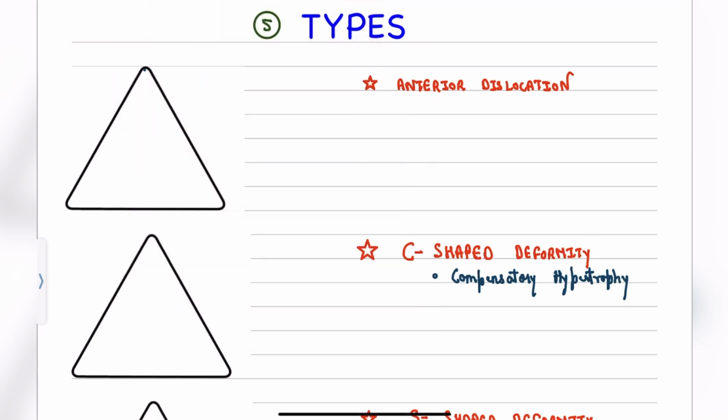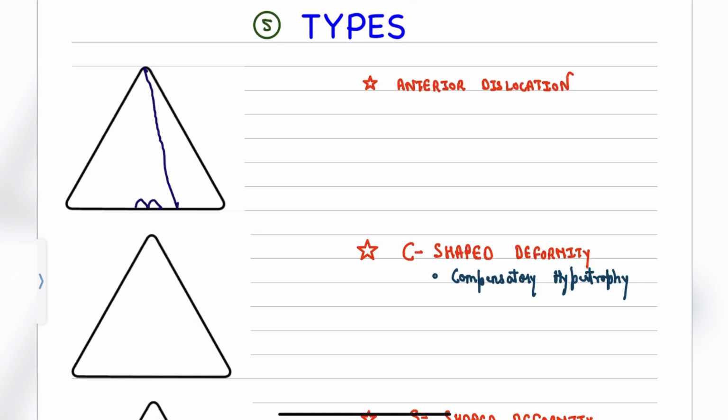Alright, let's start with the anterior dislocation. Normally, what we see is that the septum is in the midline and it is connected to the columella. Both sides of the turbinates are of normal size. But in anterior dislocation, the septum is anteriorly dislocated.